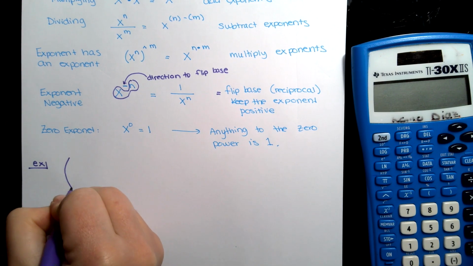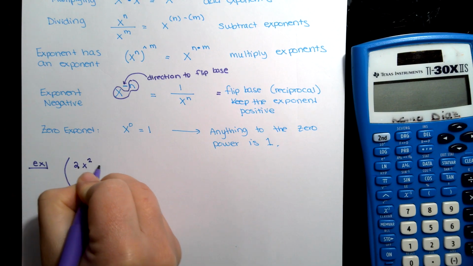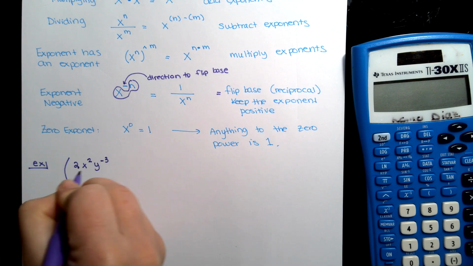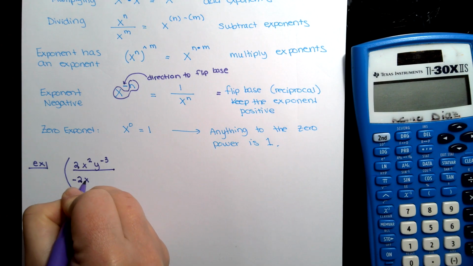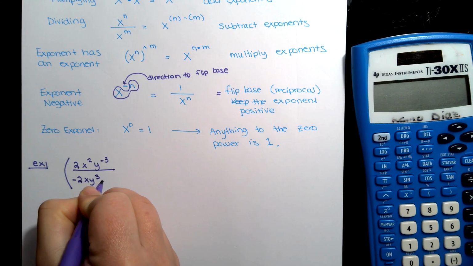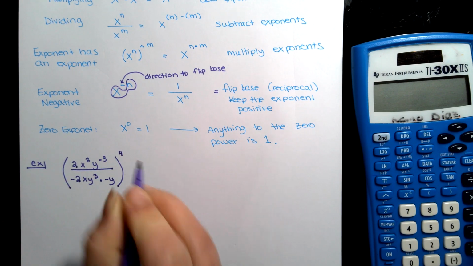So let's use large parentheses. We got 2x squared y negative 3 all over negative 2x y cubed times negative y, close it, and everything's being raised to the 4th power.